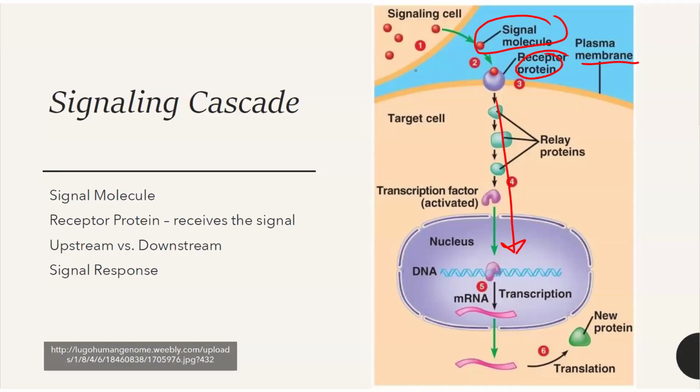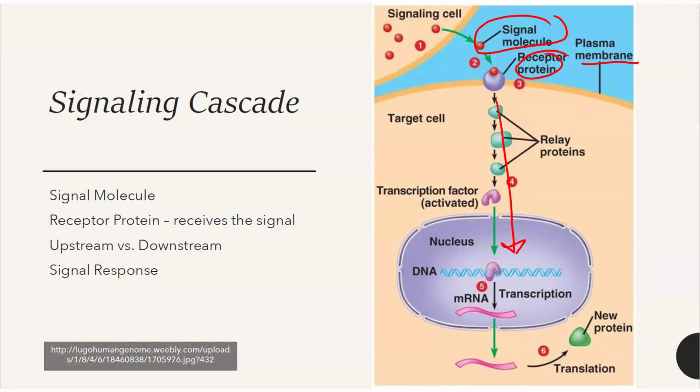So that message that you're there needs to get inside to your friend in the house. Your friend's mom receives the message from you and tells your friend's sibling, "Hey, run upstairs and tell them that you're here?" So that's an example of a signaling cascade.